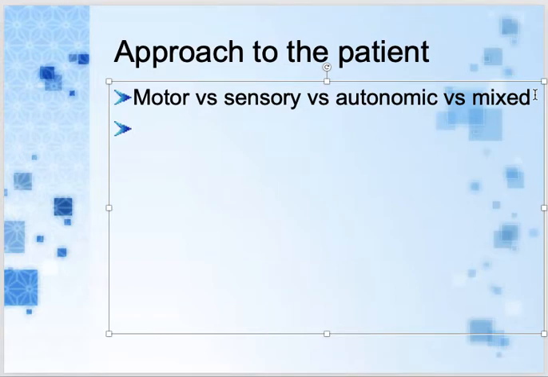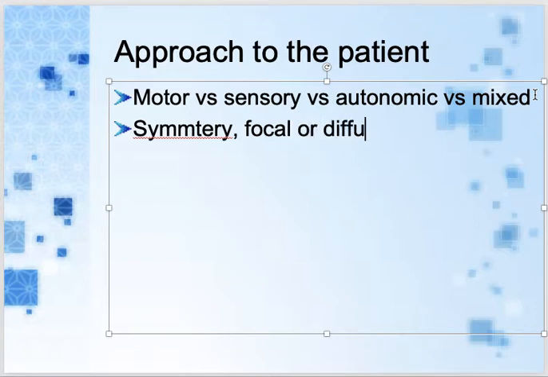Then we see whether it's symmetrical, or simply you can say we see the symmetry. We see whether it's focal or diffuse. Diffuse will give us the direction that it is some sort of generalized problem.